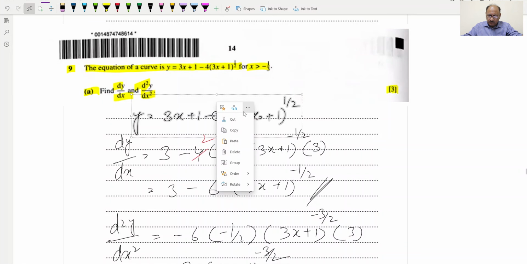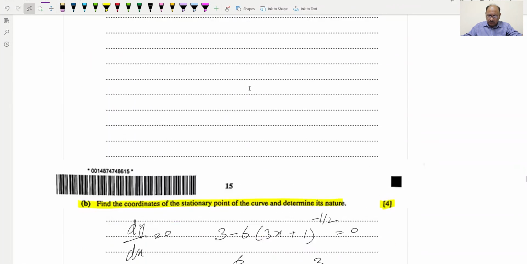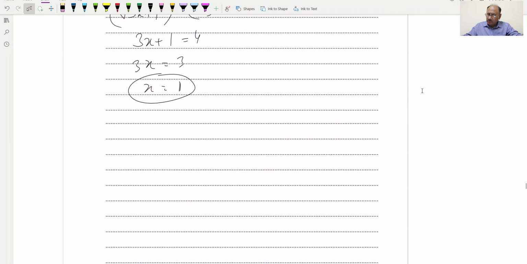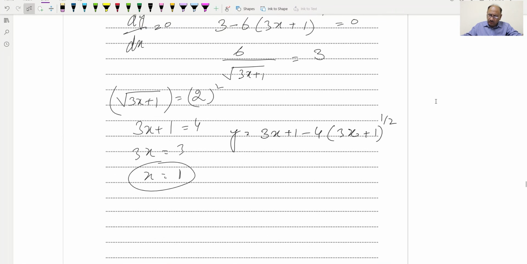For the y value we will be replacing x is equal to 1. If we replace in this, we will get the y coordinate.